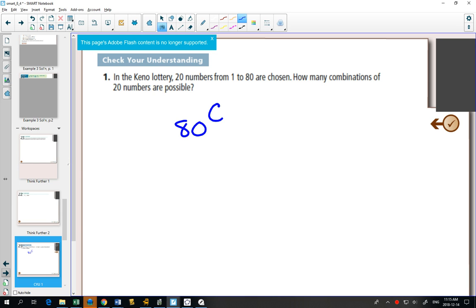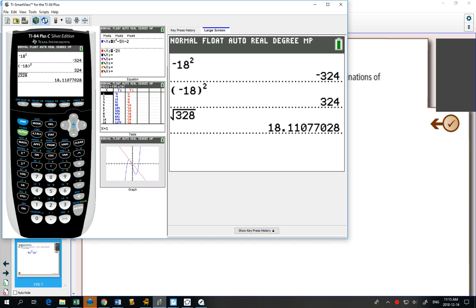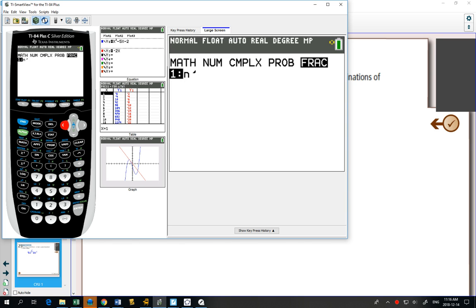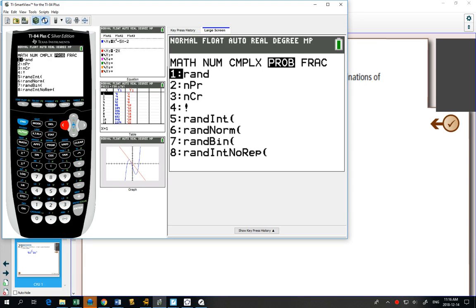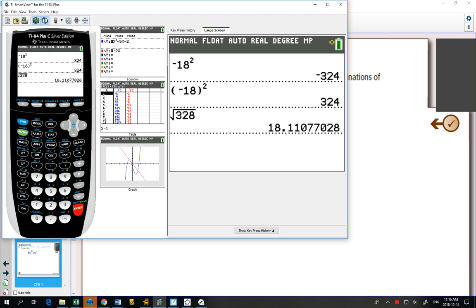If the order doesn't matter, it would be 80 choose 20. So again, we need to find the choose button on our calculator to see how big of a number this is. Same place where we found our exclamation mark. Hit your math button, go over to probability. The third one is combinations.